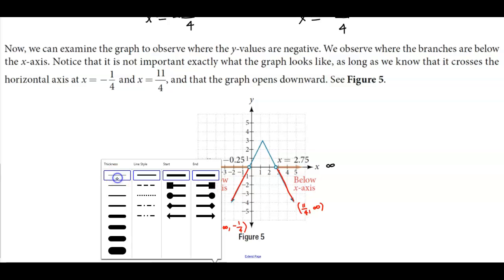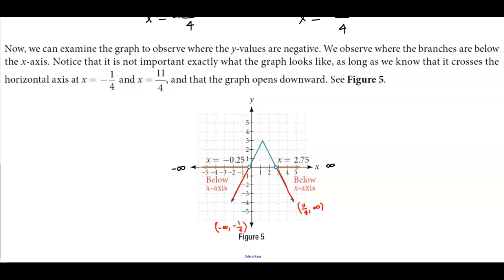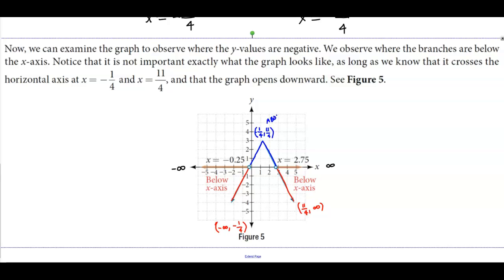Now, where is it above the x-axis? Well, above the x-axis is in between those two numbers. So it's in between negative 1/4 and 11/4 where it's above the x-axis.